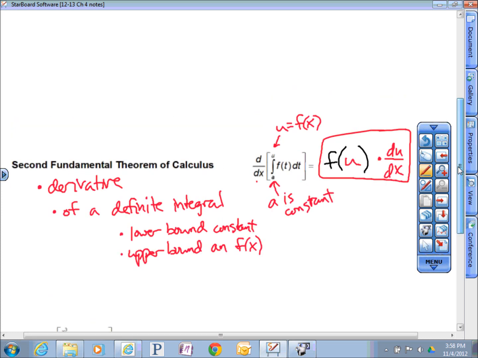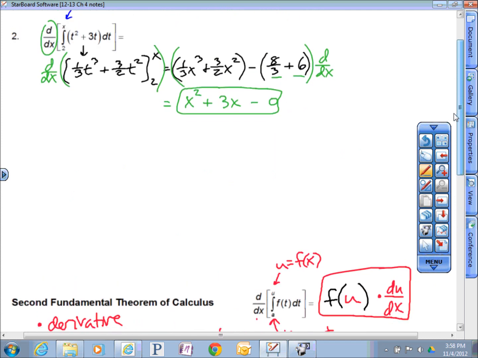Let me show you what I mean. We already did this problem up here on the top. We had this crazy function, and the lower bound is constant, the lower bound is 2. If I wanted to do this one by the second fundamental theorem of calculus, this is what it looks like.